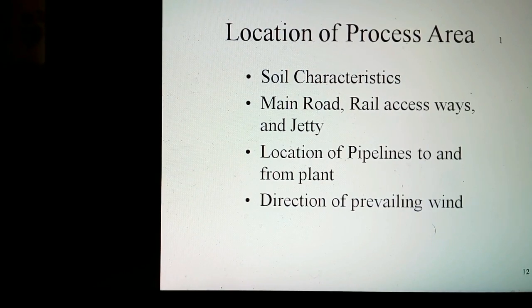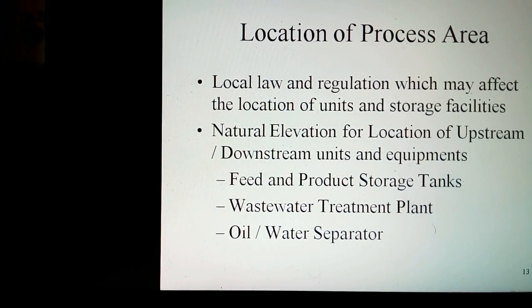Location of process areas shall be decided on the basis of following factors: soil characteristics, main road, rail access ways, and jetty, location of pipeline to and from plant, direction of prevailing wind. Location of process areas shall also be decided on the basis of local law and regulation which may affect the location of units and storage facilities.